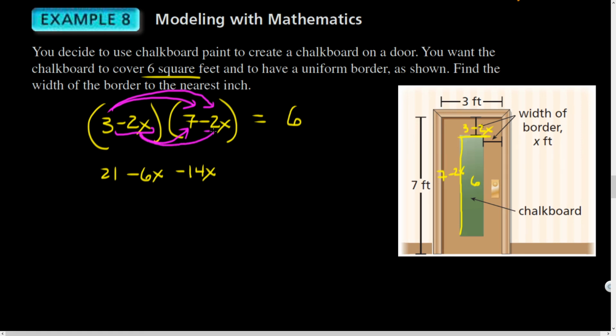And I'd have negative 2x times negative 2x is plus 4x squared. Whoa, almost forgot the squared. All right, so let's rearrange this and combine some like terms. So 4x squared minus 20x plus 21 equals 6.